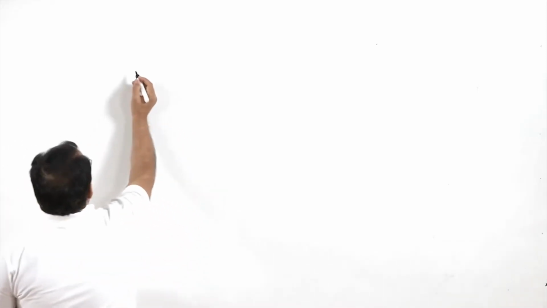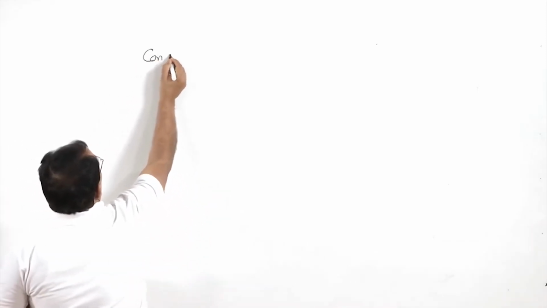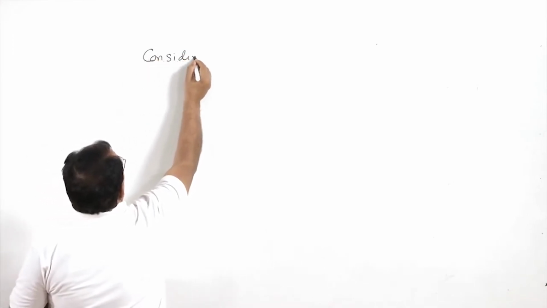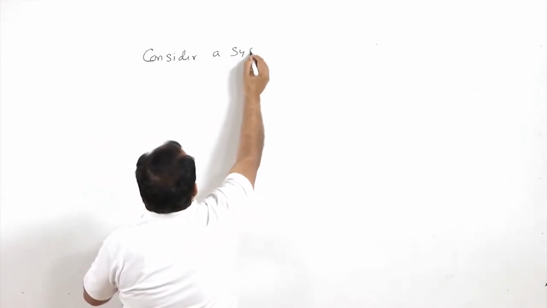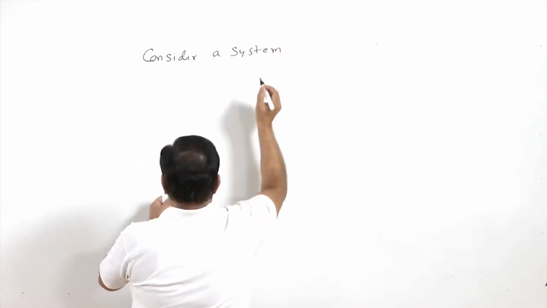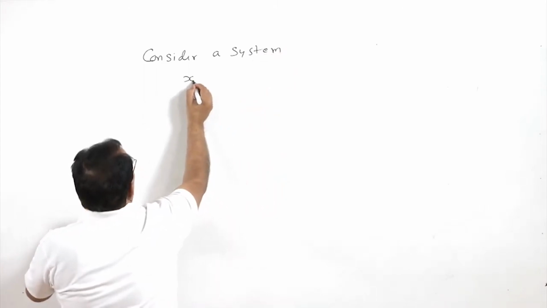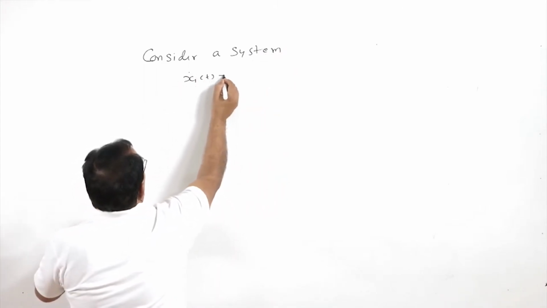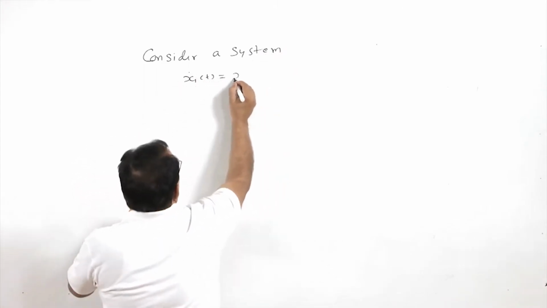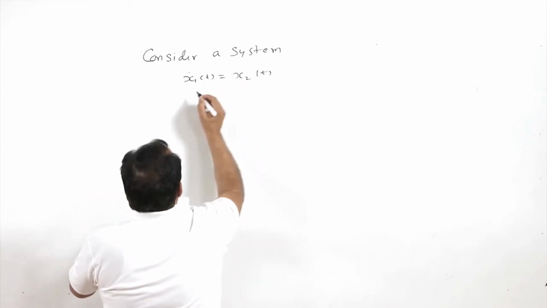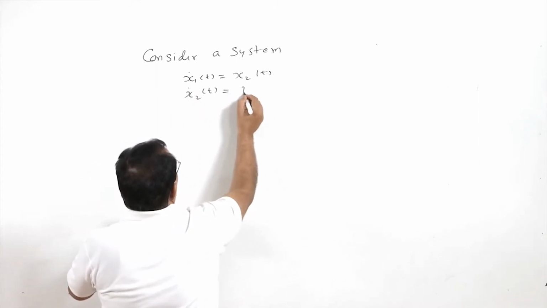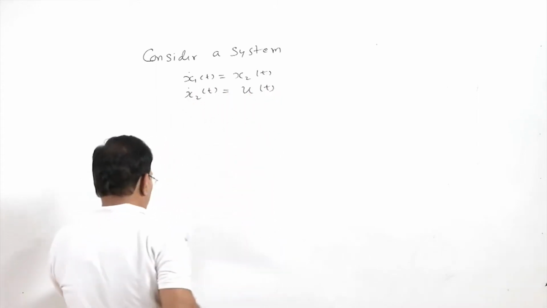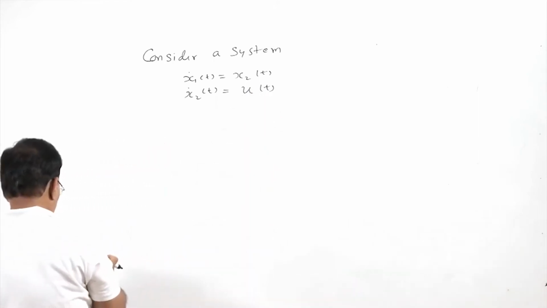First we will define it. Consider a plant which is given as x1 dot t equal to x2 t and x2 dot t equal to u t.